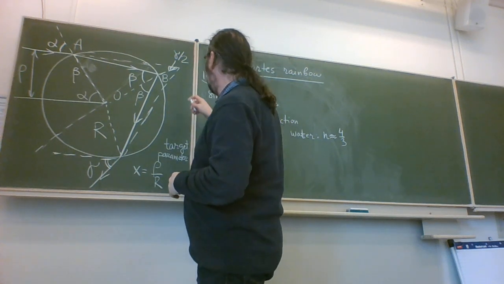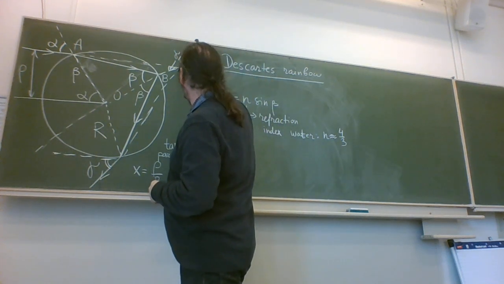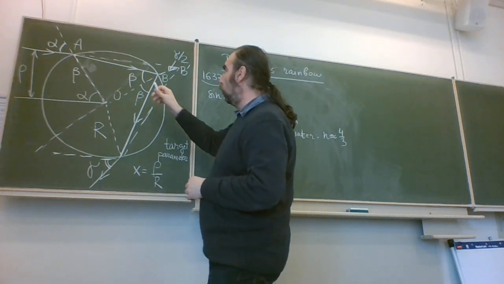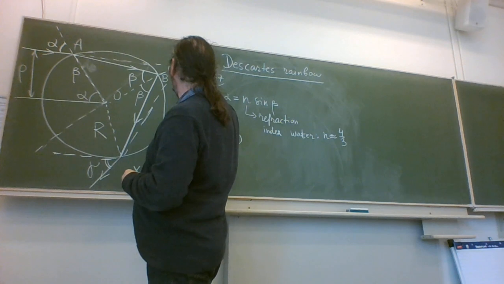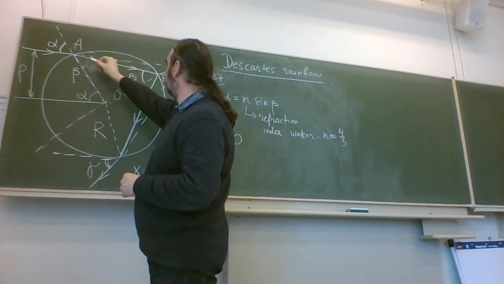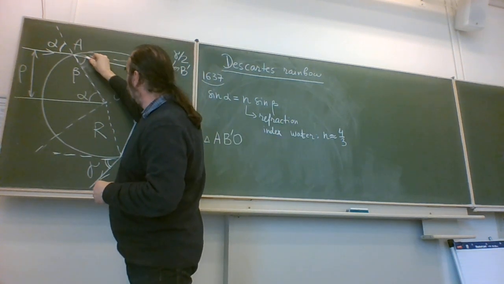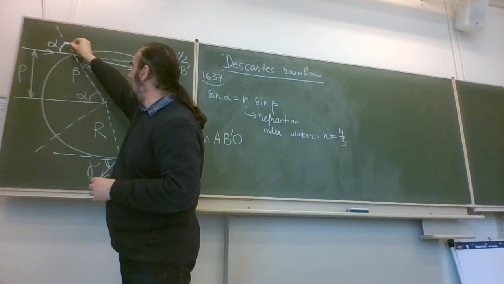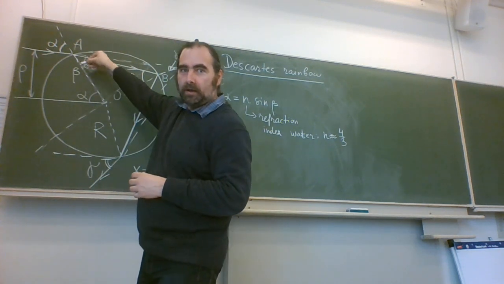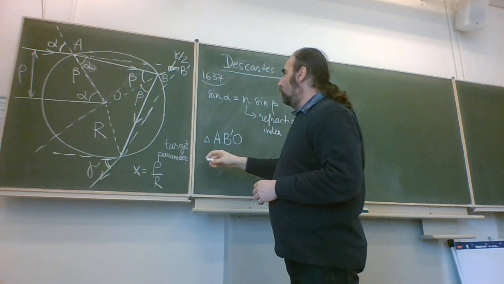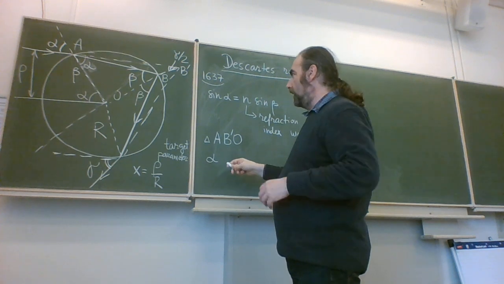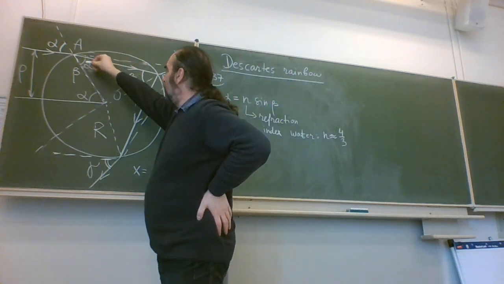No, I think I need another triangle. Let me call this B prime, and I need triangle A, B prime, O. And then this angle is alpha, because this is one line and this is one line, so this angle equals this angle. So I'm now starting to calculate the sum of these angles, and one of the angles is alpha.